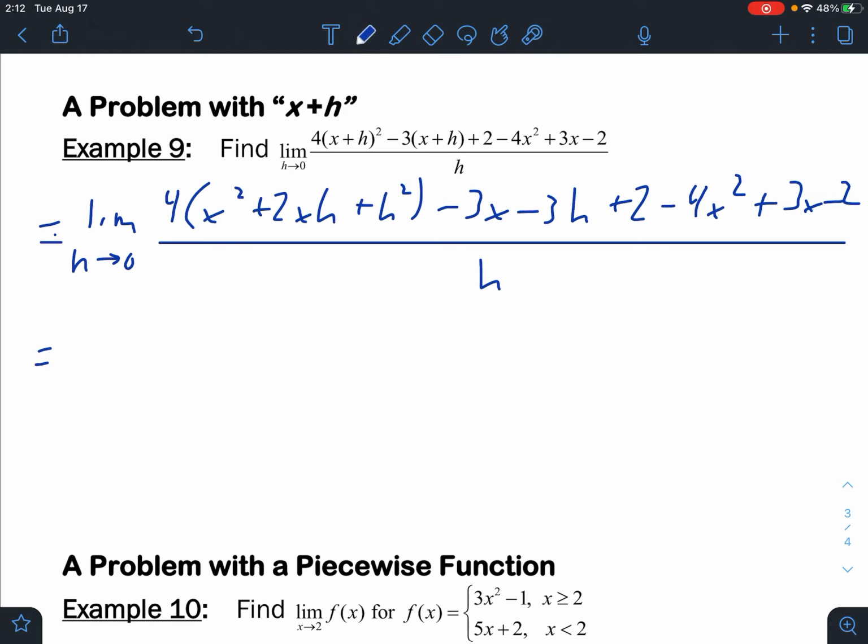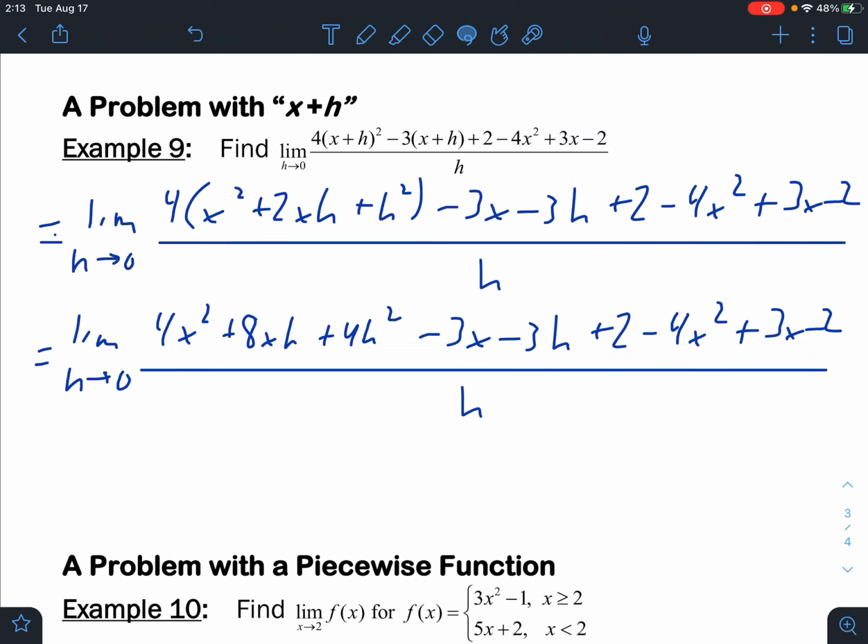Distribute this 4. I'm left with limit as h approaches 0 of 4x squared plus 2xh, plus 8xh plus 4h squared, and I'm just going to copy all this down again.